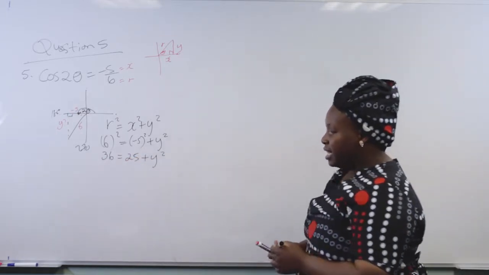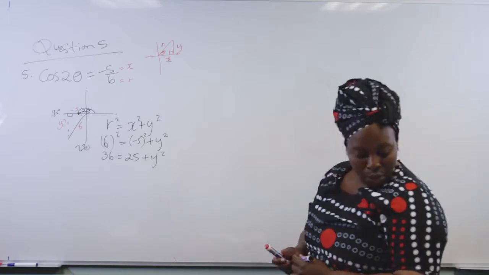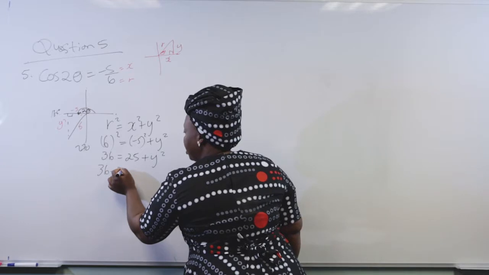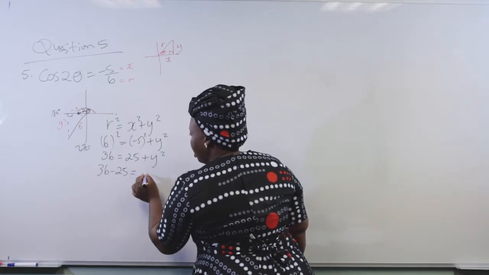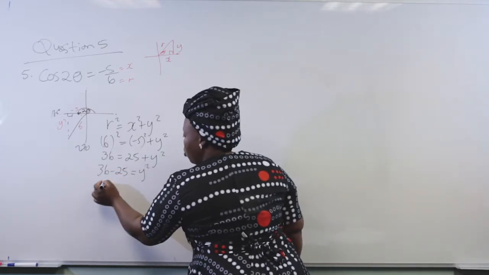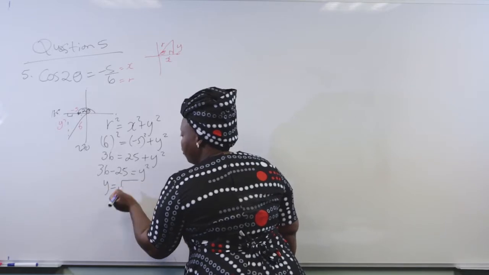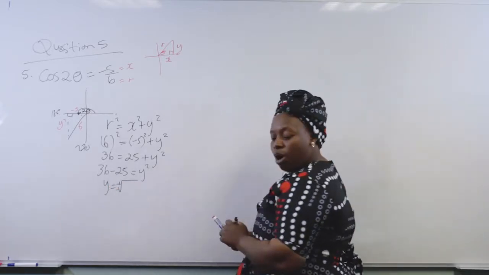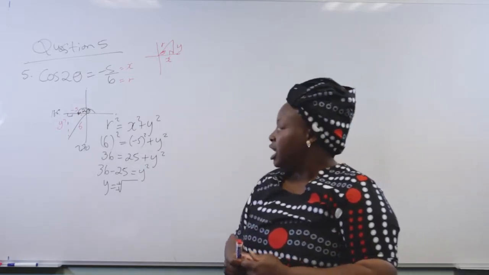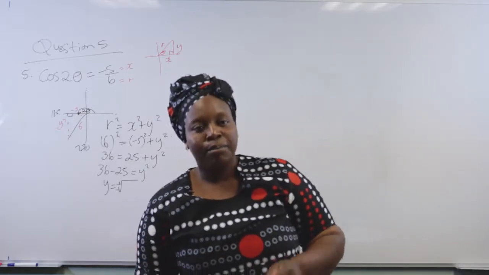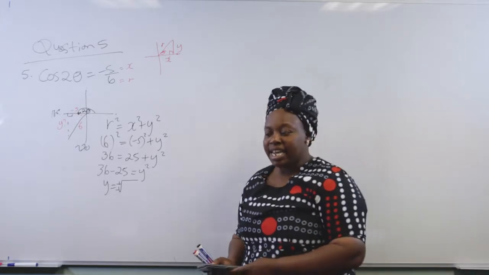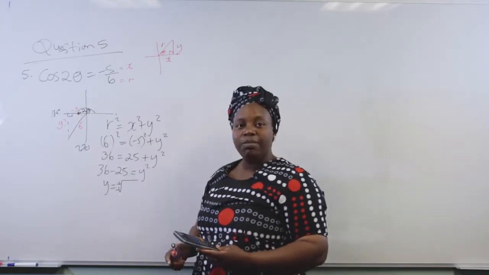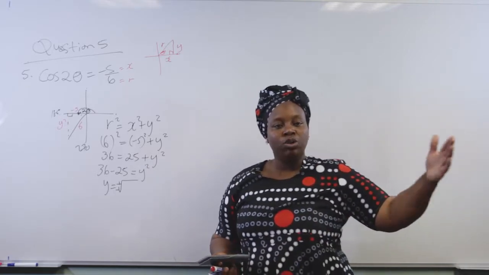So 36 minus 25 will give us how much? So y squared equals 36 minus 25. Y will be equal to the square root of, remember it's y, so it should be plus or minus. The only thing that comes positive is always r, because r is a radius. Radius cannot be negative. Y and x can be negative depending on the side where you find it.